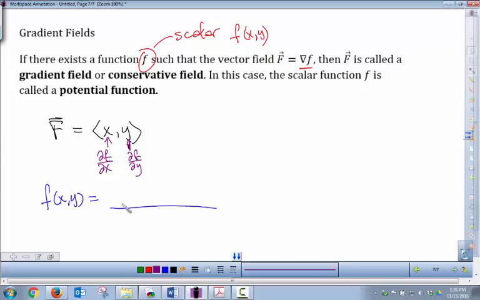So that whatever function we have here, if we take the derivative of this with respect to x, we're going to get x, just x. If we take the derivative of this function with respect to y, we're just going to get y. So the question is, can you find a function like that we can put here?